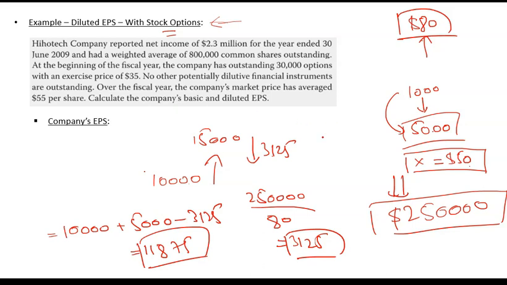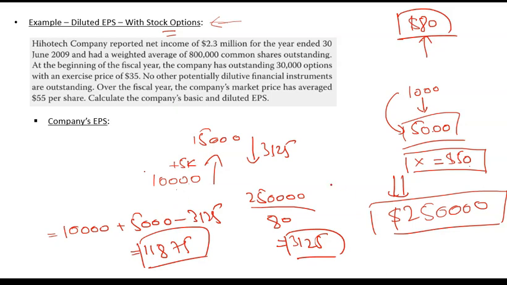When employees exercise the option, shares went up from 10,000 to 15,000 because 5,000 shares were bought through options. Now the company does not want its EPS to be diluted. So the company goes to the market and buys back some shares using the money that it received from this option.